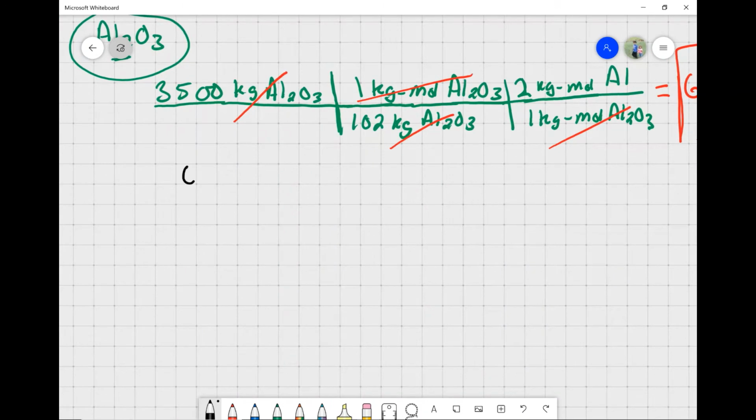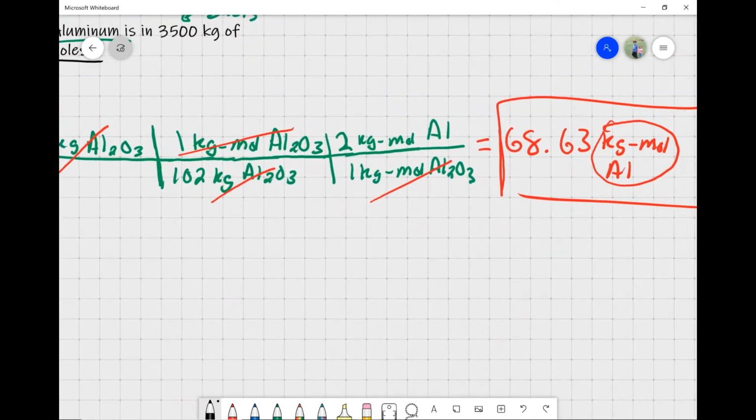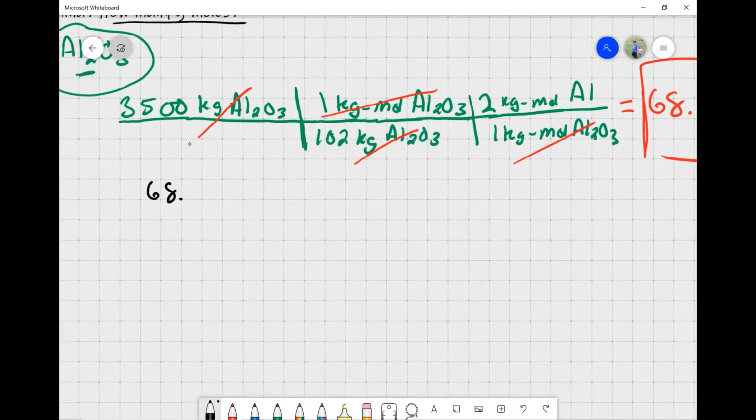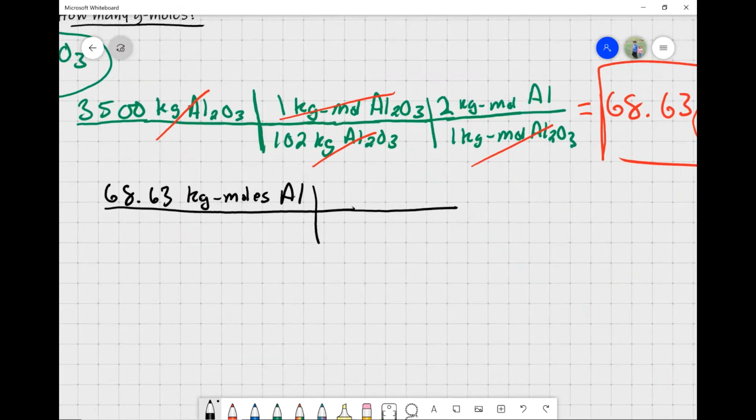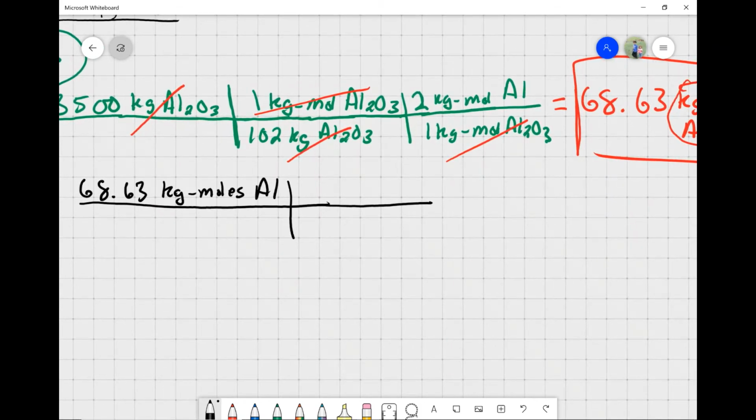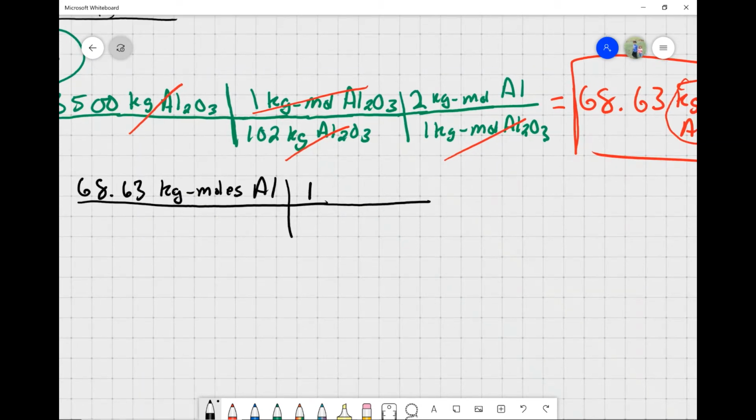So we have 68.63 kilogram moles of aluminum, and we know the conversion factor: there are 1,000 gram moles in 1 kilogram mole of aluminum.